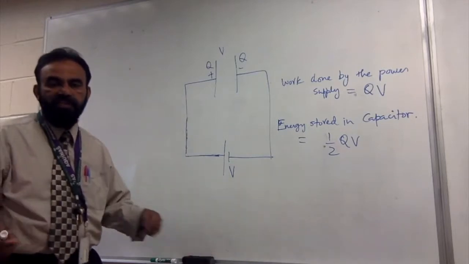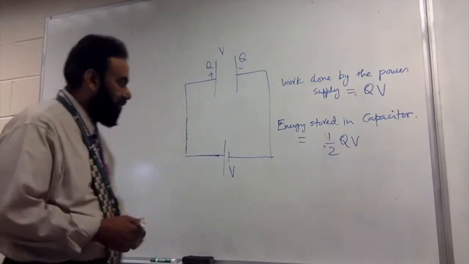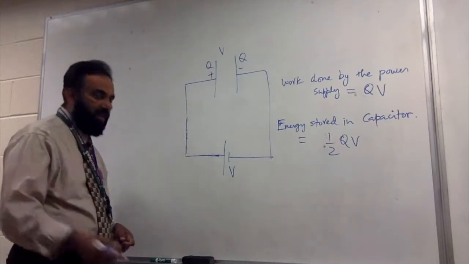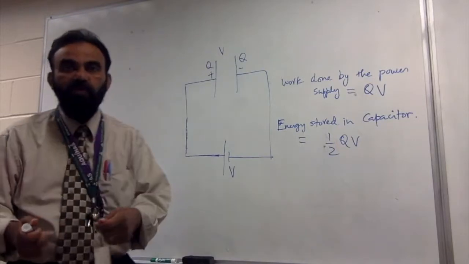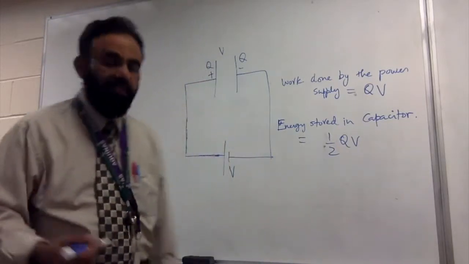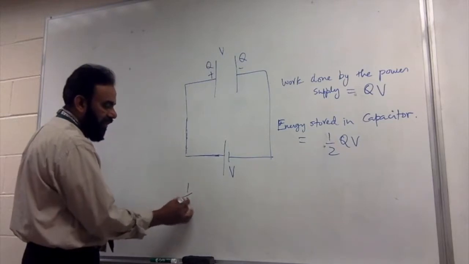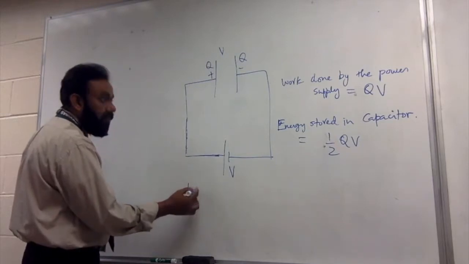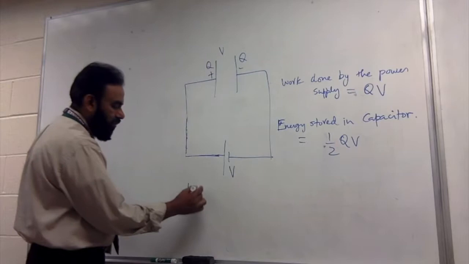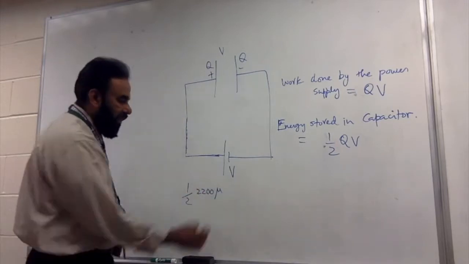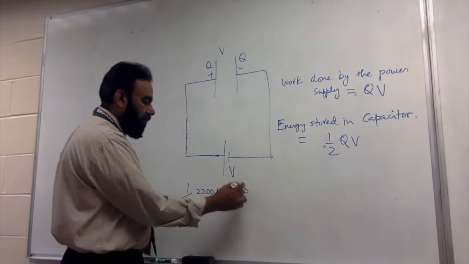Now, remember I charged the capacitor with how many volts? I charged it with, no, the big one that gives 200 volts. So how much is the energy stored in the capacitor? Half CV squared. C was 2,200 microfarads times 200 volts squared.